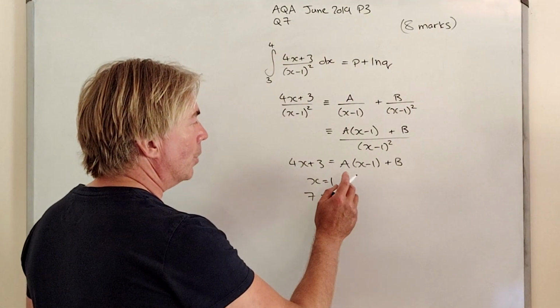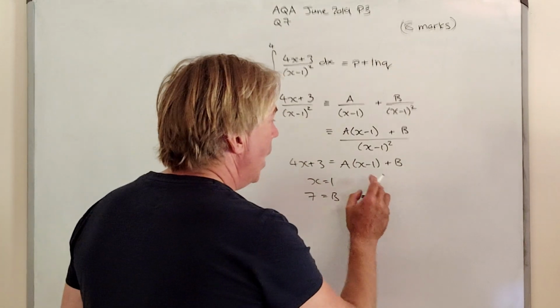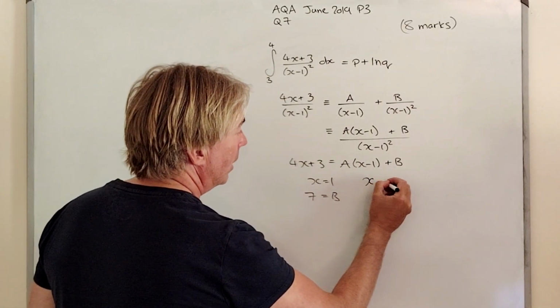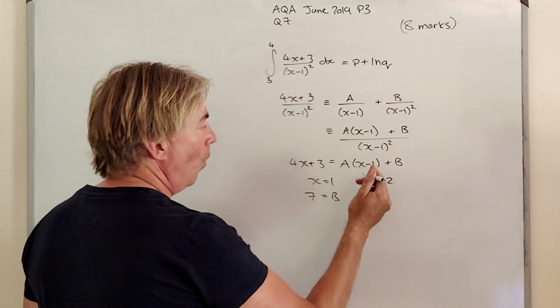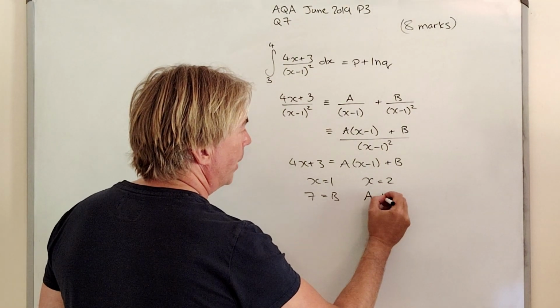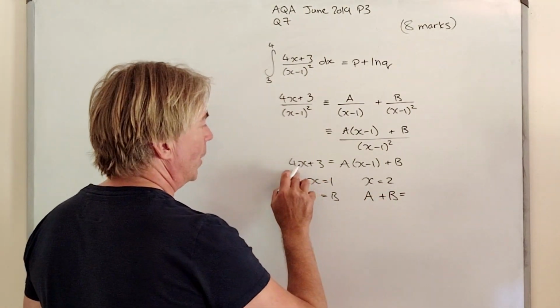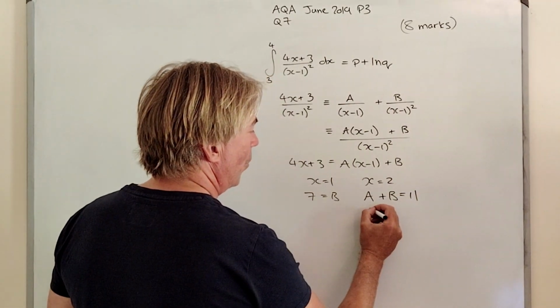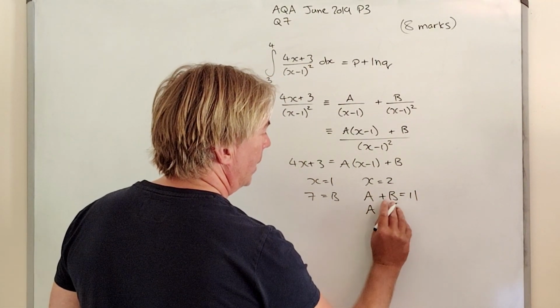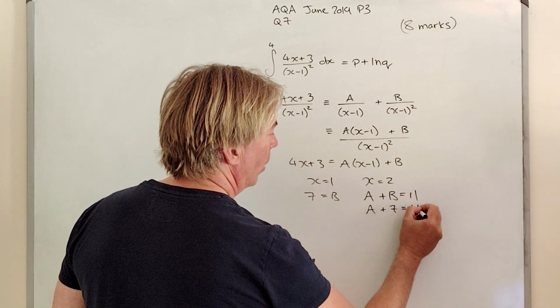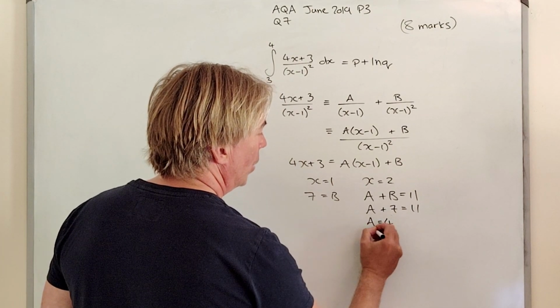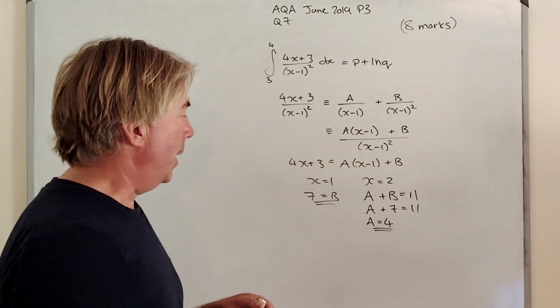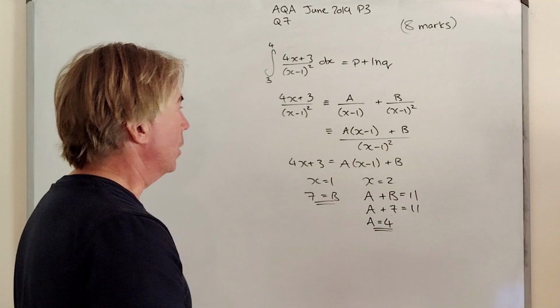Next I'm going to sub in x equals 2, because then I get 1a plus b equals 8 plus 3, which is 11. I know already that b is 7, so therefore a equals 4. So we have our two values: b is 7, a is 4.